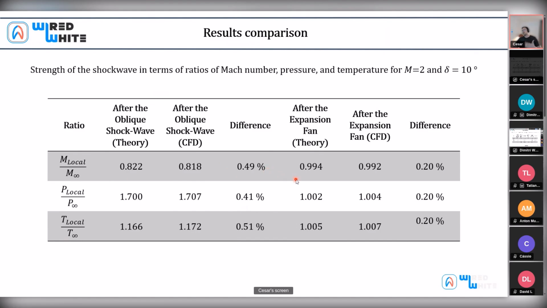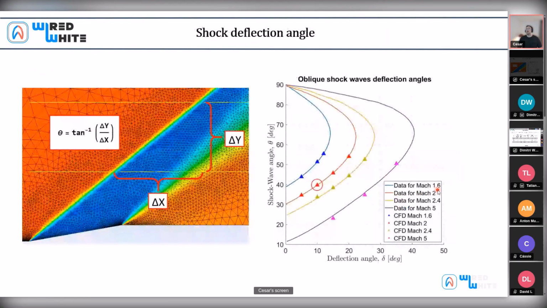And then we have a very similar behavior in the expansion fan, where we have almost a 20% difference. So as you can see, with analytical equations, you reach basically the same values as CFD. And what happens with the shock deflection angle?